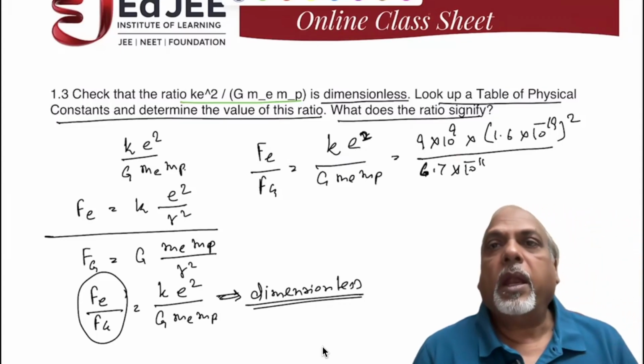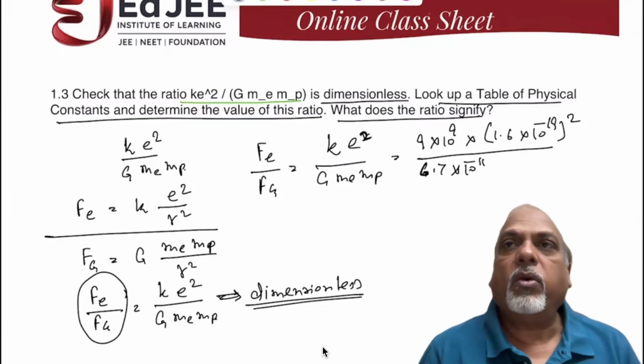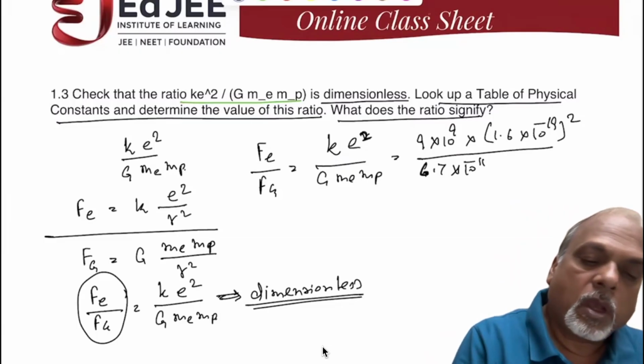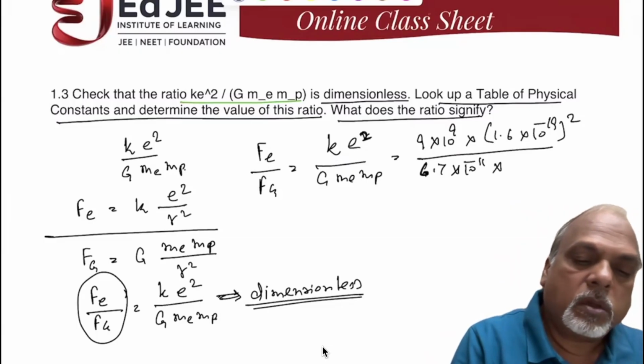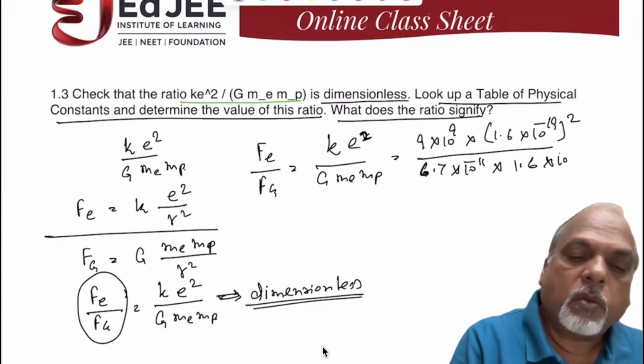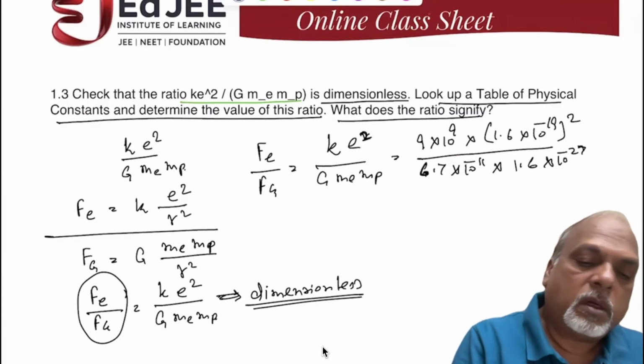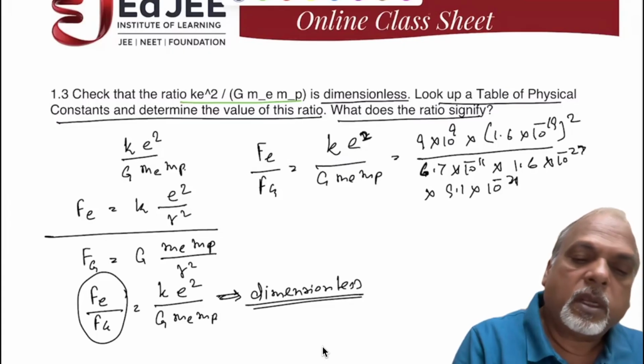Correct. And if you put the value of this, it is around 1.6 into 10 raised to minus 27, mass of the proton, into 9.1 into 10 raised to minus 31 kg.